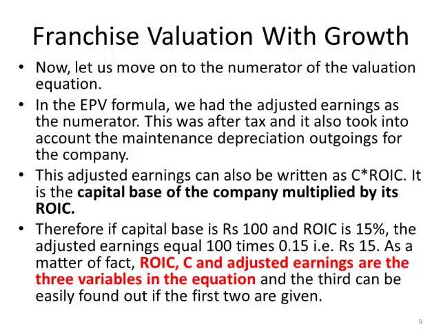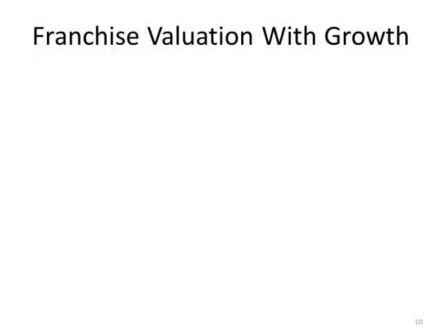They're all related by a particular formula, and if we know two of them, then we can get the third. In this case, if we know the return on invested capital and the capital base, then we can work out the adjusted earnings. This is going to lead us to the denominator value for the franchise valuation with growth method.